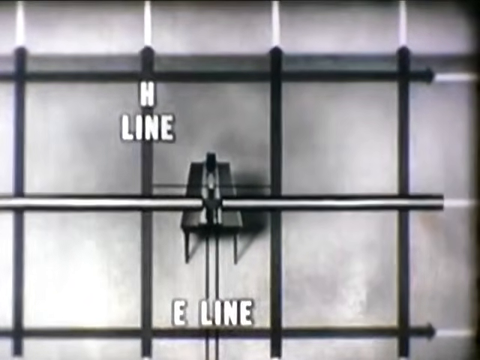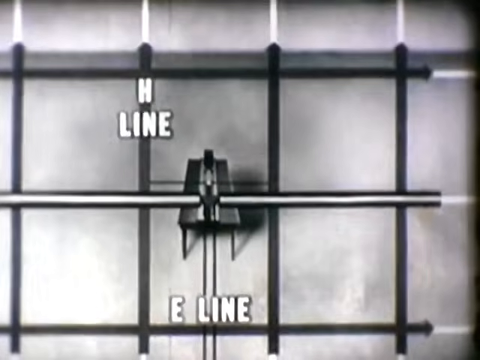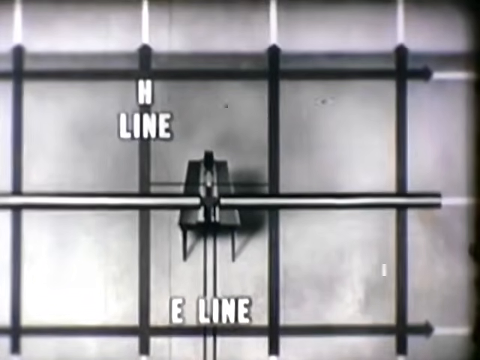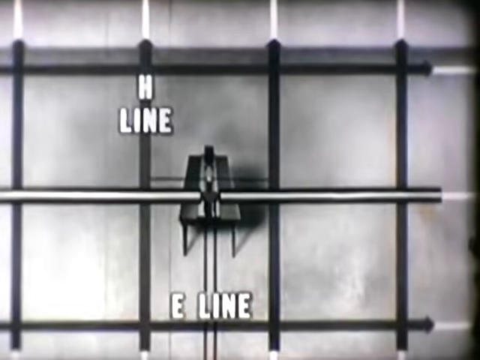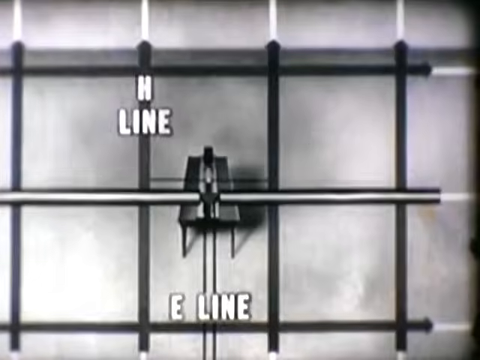In order for a signal to be received at maximum intensity from this wave, the H lines of the wavefront must cut the receiving antenna at right angles. Therefore, the polarization of the receiving antenna must also be considered. In this case, the receiving antenna must be horizontal and at right angles to the H lines of the wavefront.